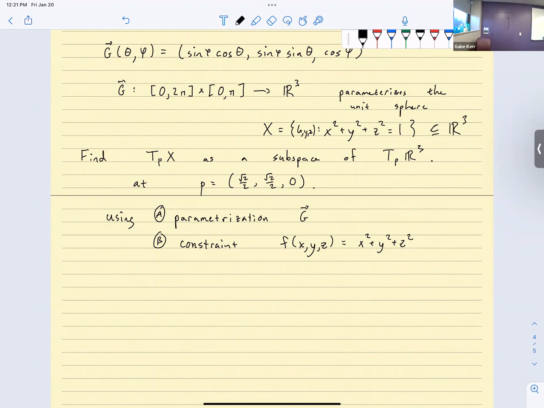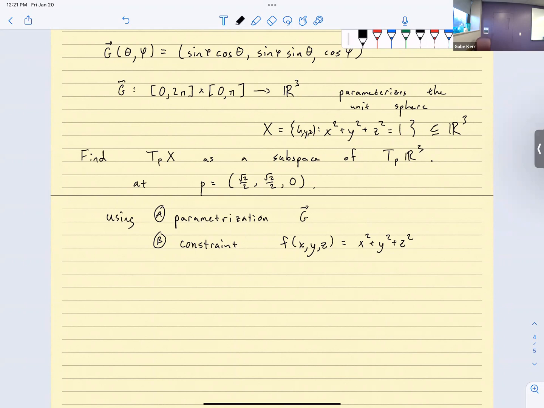I agree with almost everything. So I'm looking at what parameterization gives the point of interest.